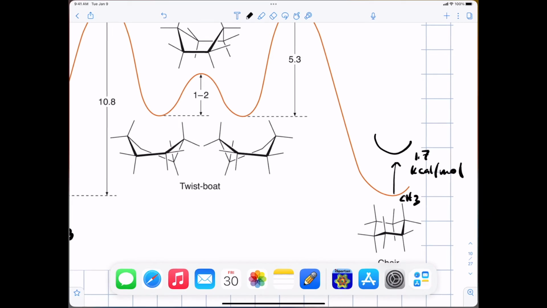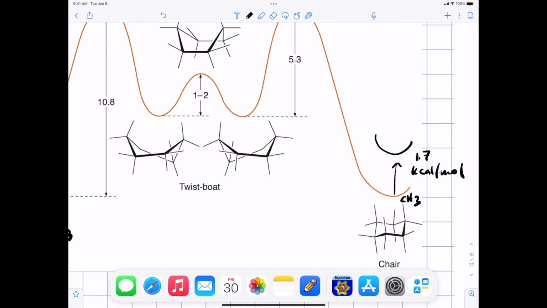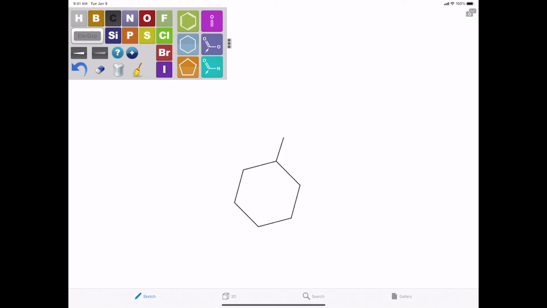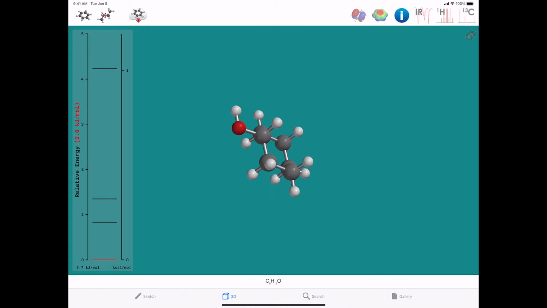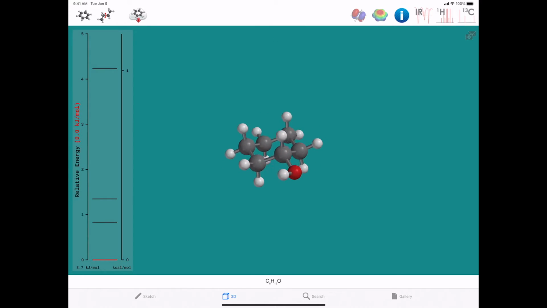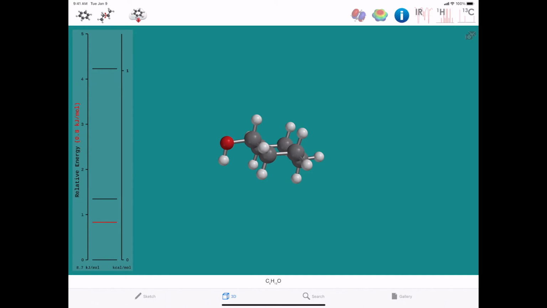So, we can just do a few other examples. Let's change that to, say, an OH group. We'll look at the structure there. We've got an equatorial OH group. There's a couple of other conformations that are going to vary in what's going on with the OH proton. We're going to ignore those.